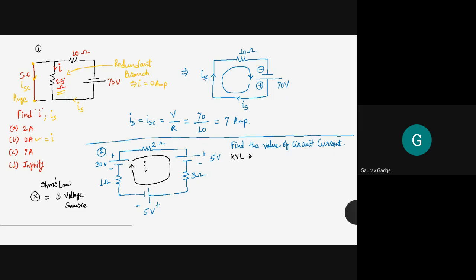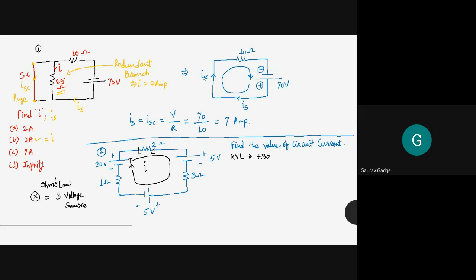Now for the voltage source of 30 volt, its sign convention is upward, that is negative to positive, so its value is plus 30. Then the current through the 2 ohm branch is I, and the current enters from the left hand side, so it attains a positive sign, and leaves from the right hand side, so it attains a negative sign. Now what is the voltage drop across this 2 ohm branch?